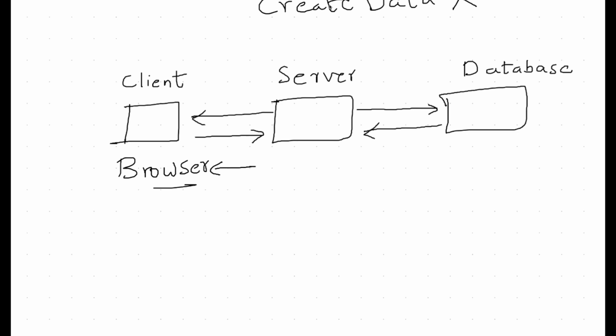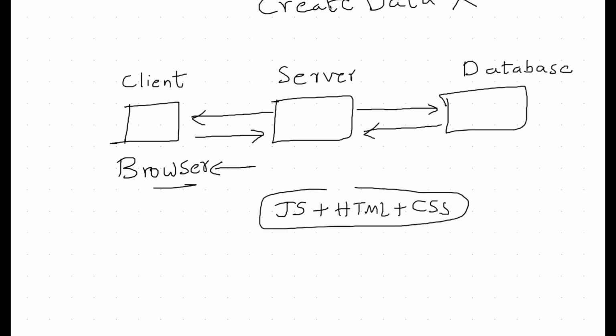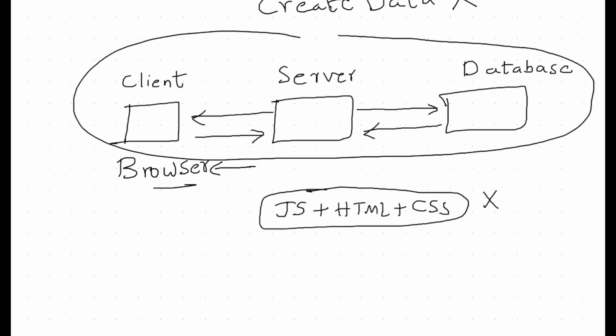Now the problem is that this combination of JS, HTML, and CSS alone cannot help you build this whole system. So in those days, they used programming languages. This term is important.